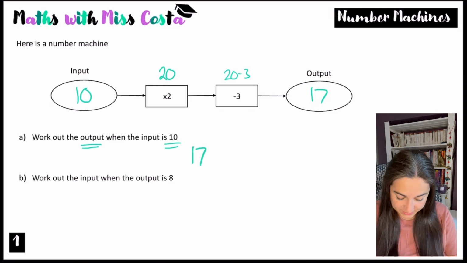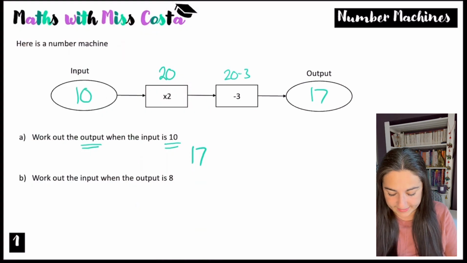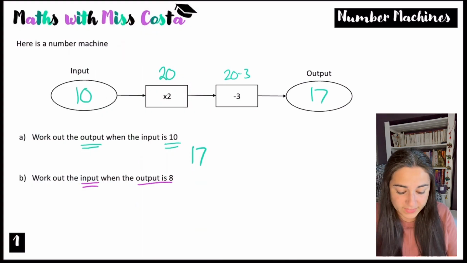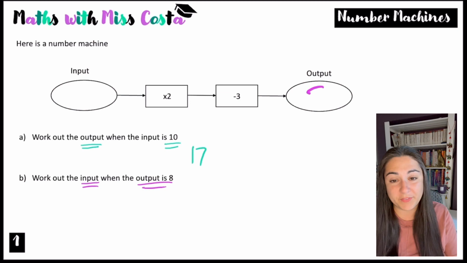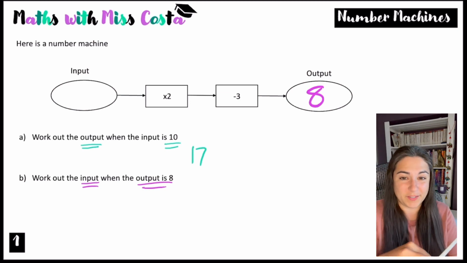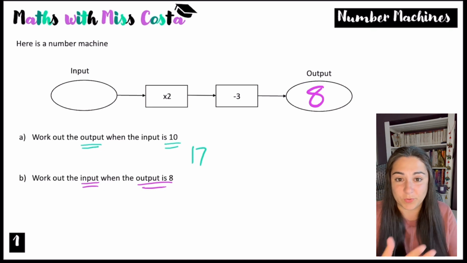Now for the next question, we're being asked to work out the input when the output is 8. So what we need to do is go to our output and write 8 there, and then we have to go in reverse. So with function machines, if we're working with the output, we do the reverse of everything in order to get back to the input.